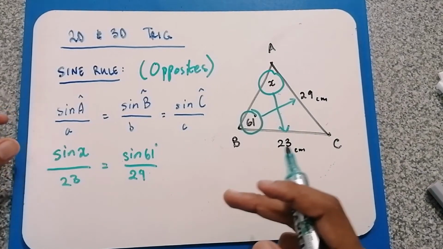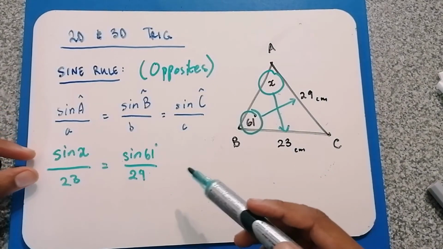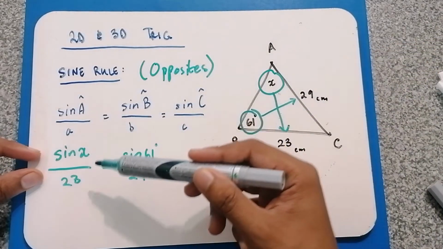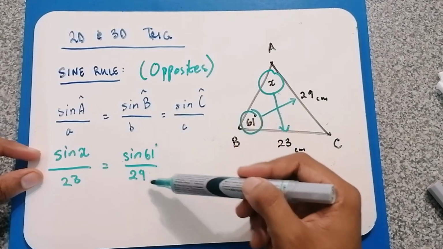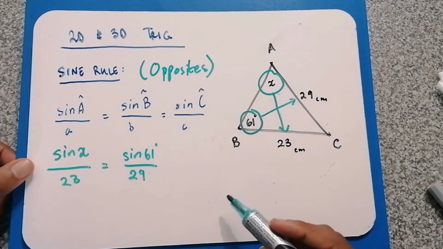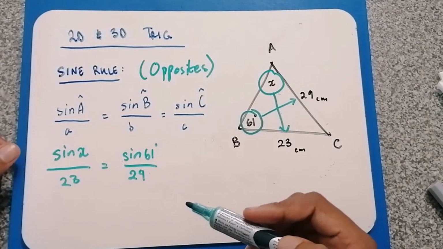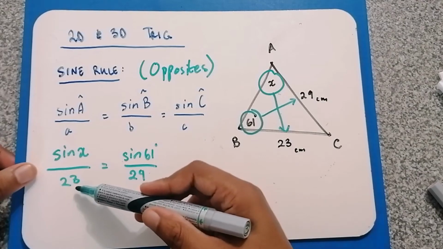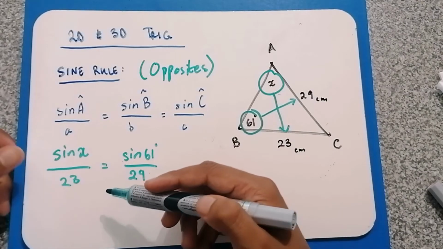What you can see is I built an equation that consists of this ratio of the angle A and the side a, and the angle B and the side b. Now I could either cross multiply to solve for x, but I think it's easier just to multiply both sides by the 23. That would get rid of this denominator.